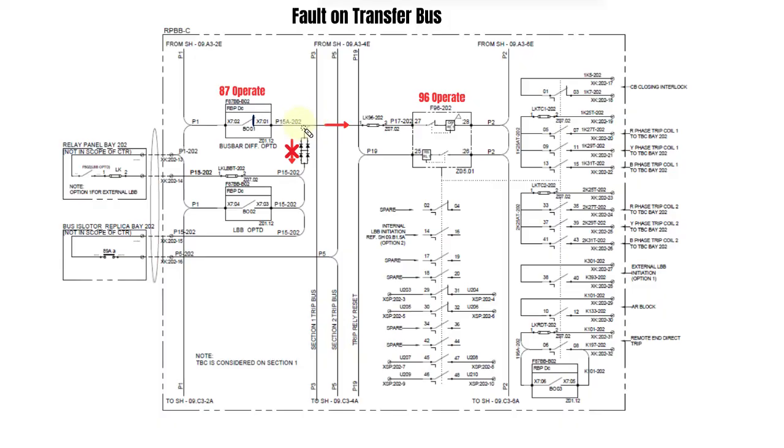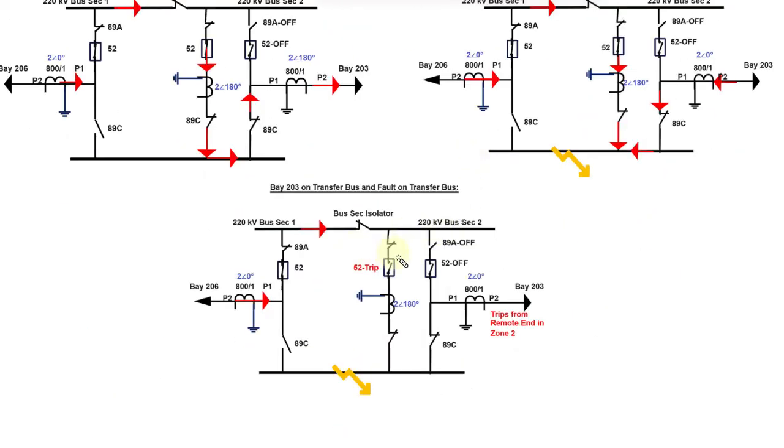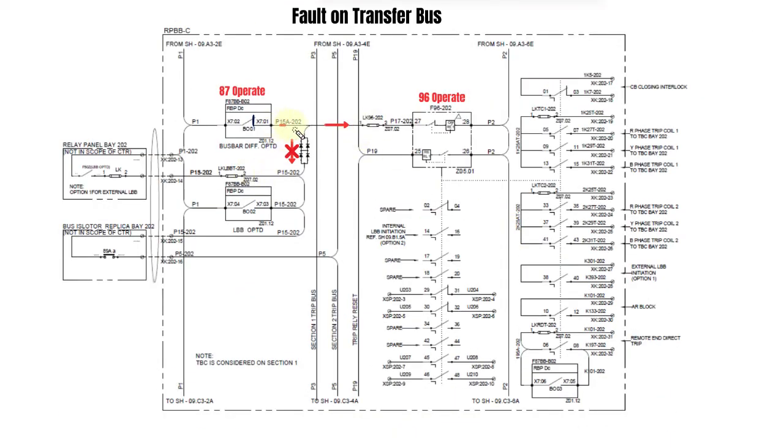But the trip bus should not operate in this case, because there is only one bay on the transfer bus, and as we have seen in the earlier diagram, if the transfer bus coupler is open, then there will be no source feeding the fault. That's the reason the pulse should not go to its trip bus, and that's why we use a diode in this relay, so that the pulse is not extended in this direction.